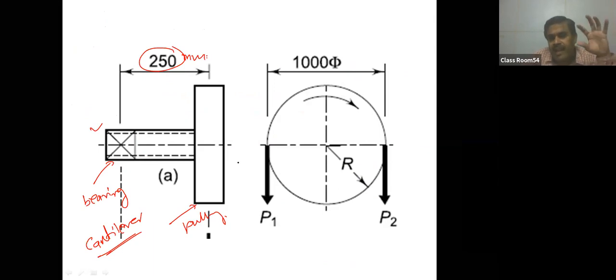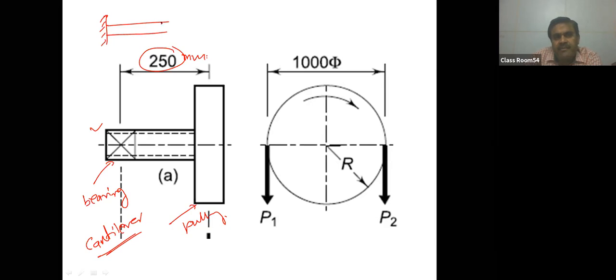So in the case of cantilever, if a load is acting on the free end, then what is the maximum bending moment? किसी को पता है फॉर्मूला? बताइए भाई, प्रीवियस नॉलेज आप लोगों ने सॉम पढ़ा है, मैकेनिक्स पढ़ा है.